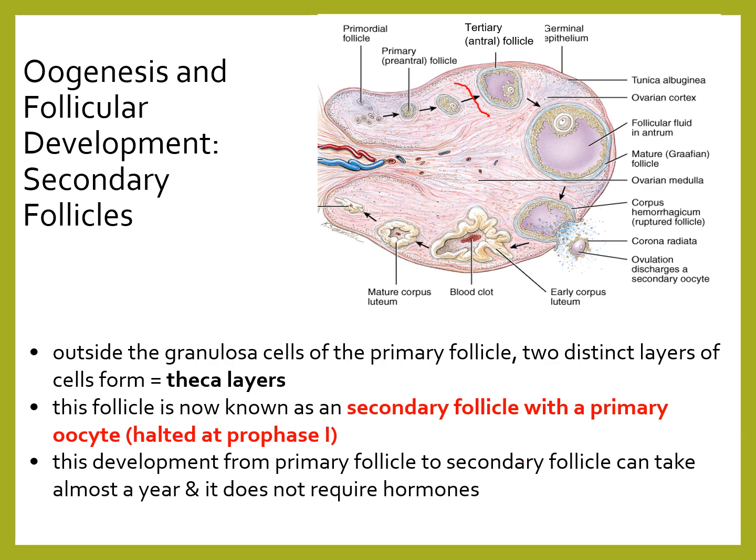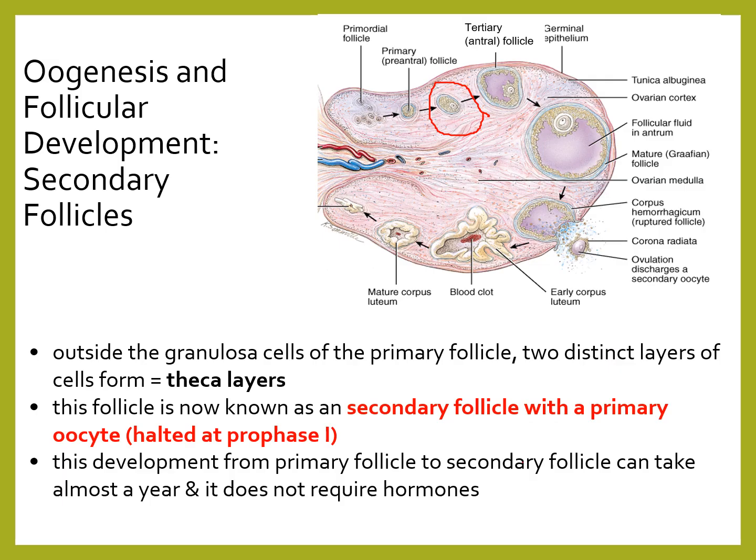I think in this diagram, the secondary follicle is shown right there. So what you would have would be external theca, then the internal theca, then you would have multiple layers of granulosa cells, then you would have the zona pellucida, and then you have the primary oocyte. So that's the construction of our secondary follicle.